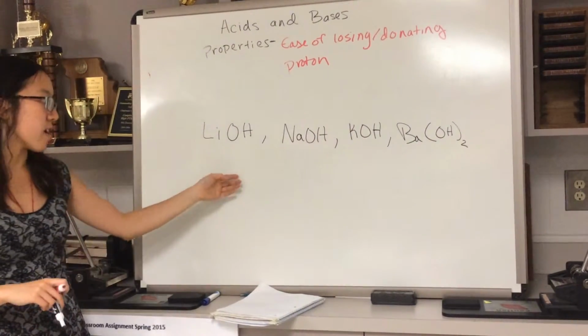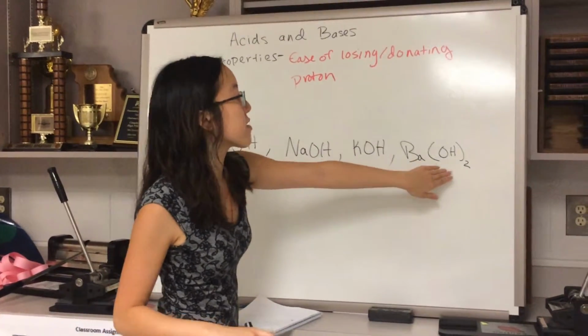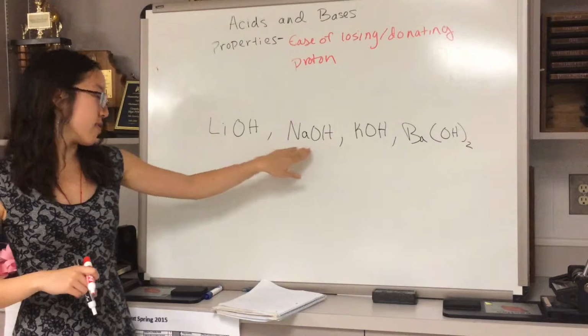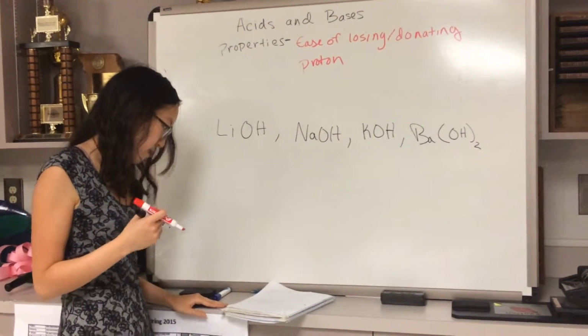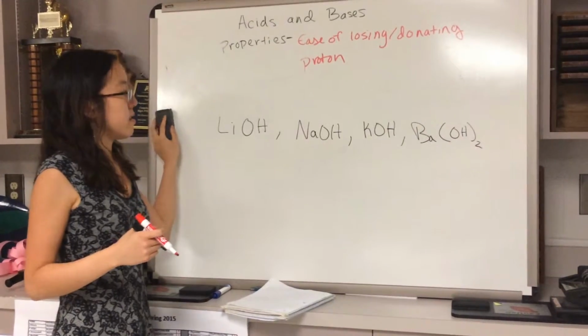So lithium hydroxide, sodium hydroxide, potassium hydroxide, and barium hydroxide. And these are our strong bases. They all have OH on them, which is good to know and good to memorize.